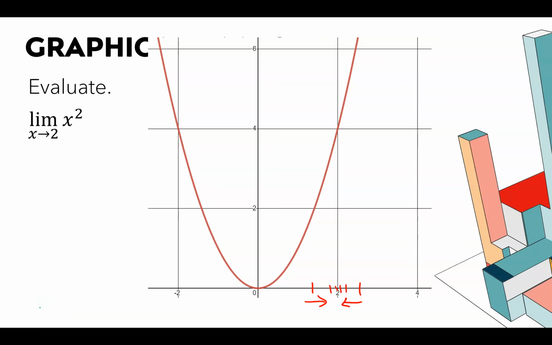Red on red isn't going to be great. And so the idea is we're starting to the left and right of 2, kind of like that, and we are tracing along the curve with our fingers. So, oh, look at that. As the x values get closer and closer to 2, the y values get closer and closer to whatever that is, and so we happen to know 4.